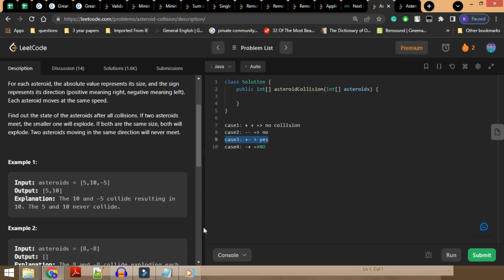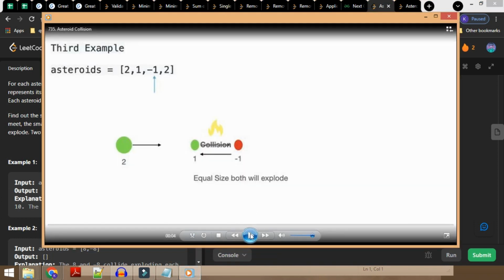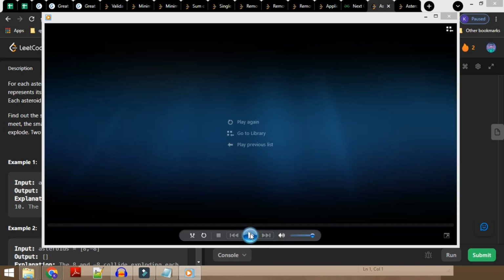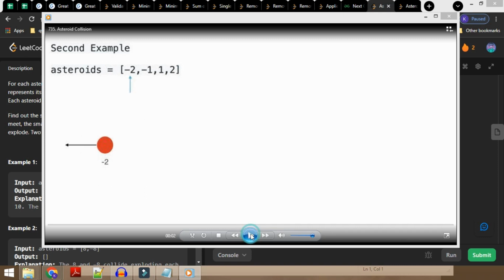So let me just play the video once again so that we can understand this particular thing in a better way. Okay, so you can see that plus 5, plus 10, minus 5 is coming, they're going to collide, collision happens, plus 10 is what remains at the end.